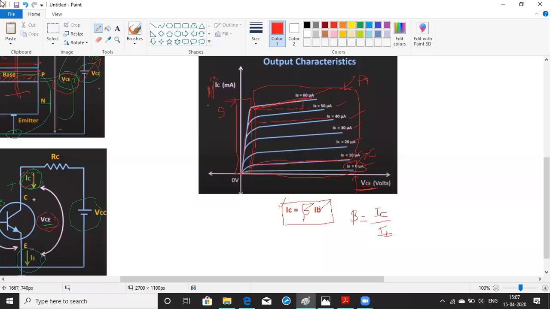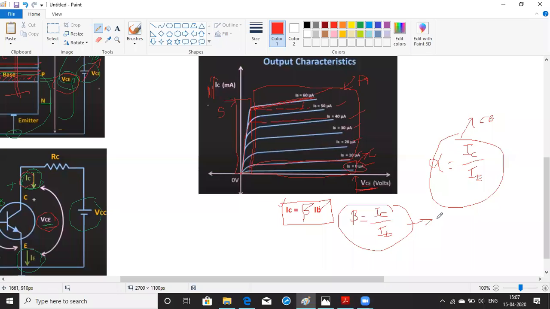Whereas previously, how did you write alpha in the case of common base configuration? You wrote it as output current divided by input current. Output current is IC, but input current is IE, not IB. So that is in the case of common base configuration, and this is in the case of common emitter configuration.